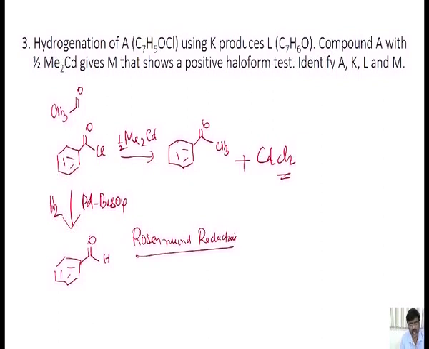When you have the aryl or heteroaryl acid chloride, you can try to do hydrogenation using palladium, which is supported on barium sulfate. This is very crucial. Look at the reaction pathway. Palladium 0 undergoes oxidative addition with this acid chloride.